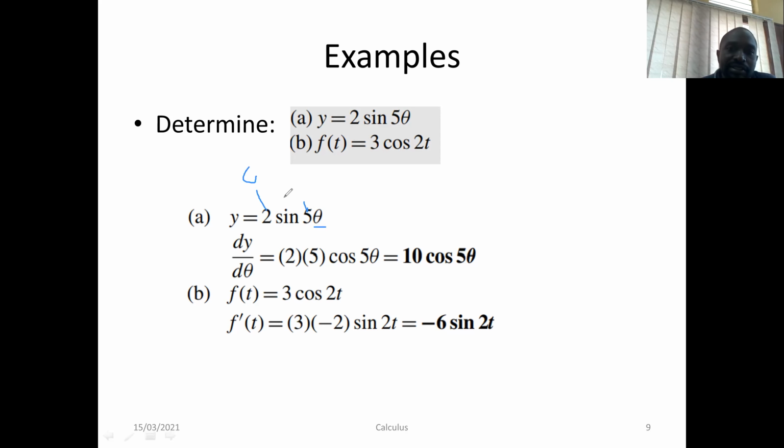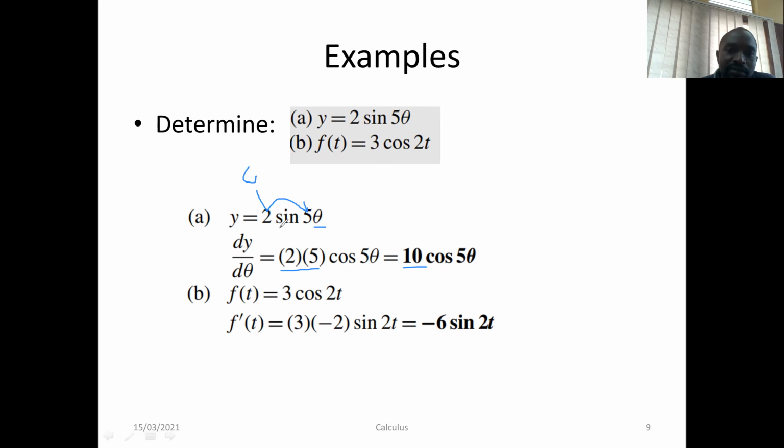Therefore, to find the rate of change of y with respect to this angle theta, bring the 5, let the 5 be multiplied by the coefficient. Therefore, we are going to have 2 multiplied by 5, which is 10 here.